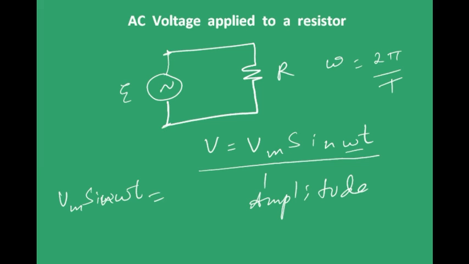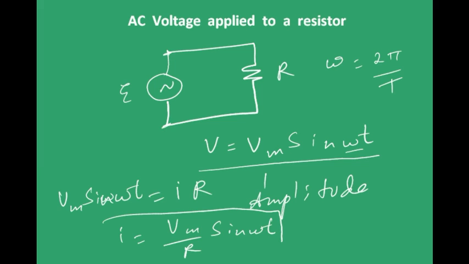So what can I get from this? My I is nothing but Vm by R sin omega t. So my current is also varying sinusoidally. I can write this as Im sin omega t, where Im is Vm by R, or Im is nothing but the current amplitude.